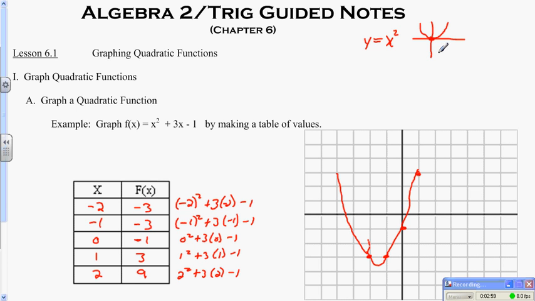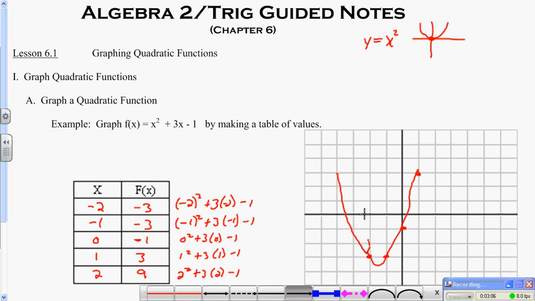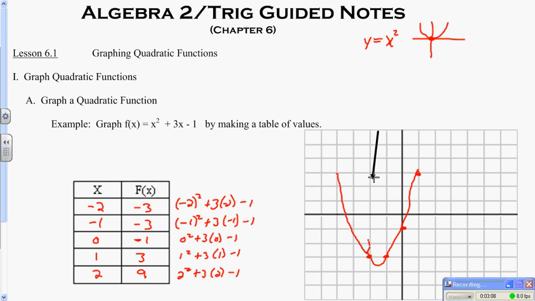We know that parabolas are symmetrical, so we would have what looks like a line of symmetry basically right about here. Therefore, that would explain why these 2 points sort of mirror each other. This point would mirror itself over here, and so on. This point would mirror itself over here.